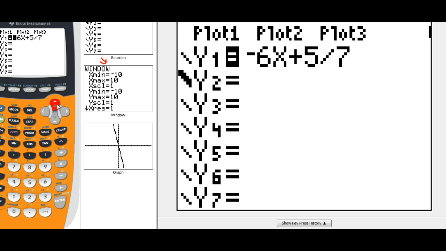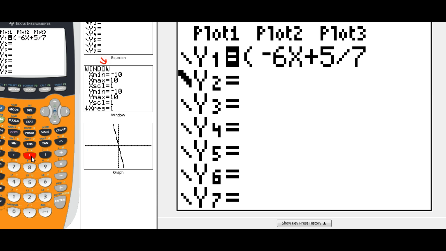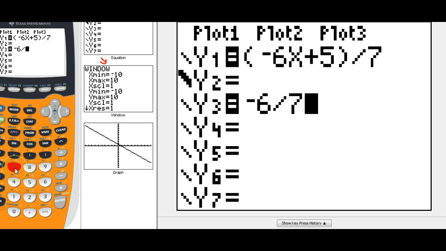What we really should have up here is we should have inserted some brackets. So the numerator must get divided by 7. So negative 6x plus 5 should have brackets around it. And that whole thing should be divided by 7. All right. If you don't want to do that, you could have typed negative 6 divided by 7 x plus 5 divided by 7.